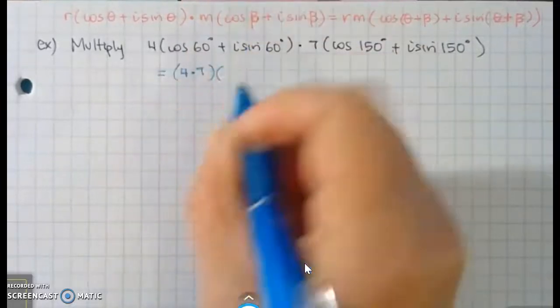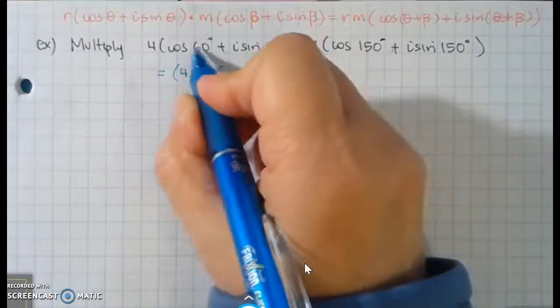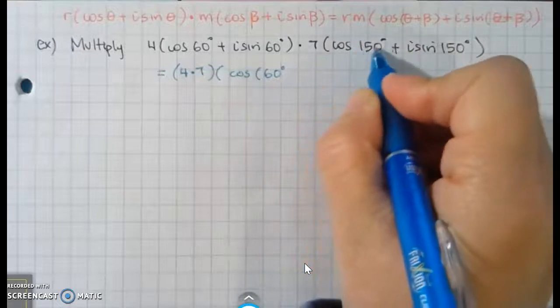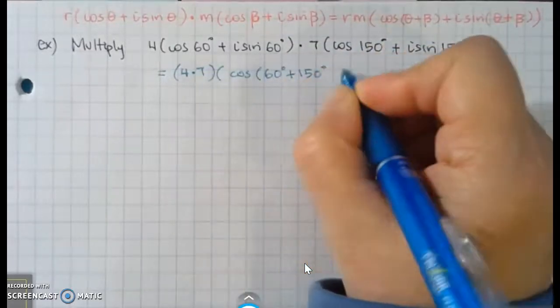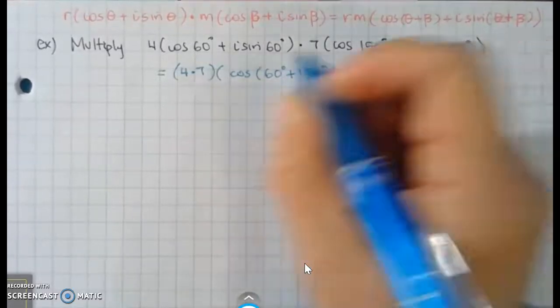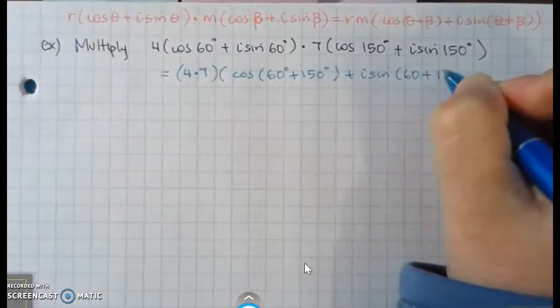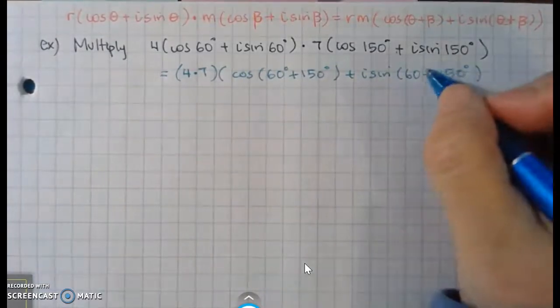And for the angle measures, for cosine of the first angle is 60 degrees and the second angle is 150 degrees. So I just need to add those two angles together. And plus i sine of, again 60 degrees is my first angle and 150 degrees is my second angle from the second complex number.